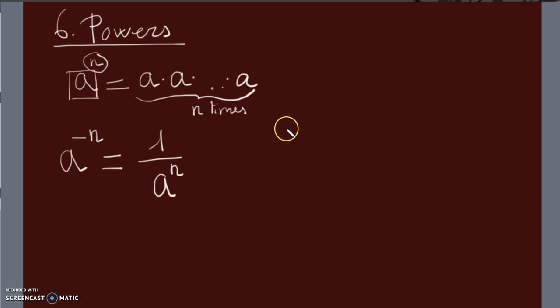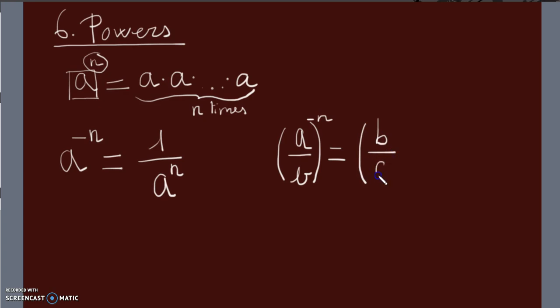In case you have a fraction, a over b to the power of minus n, you can transform this fraction into a fraction with positive exponent, okay?